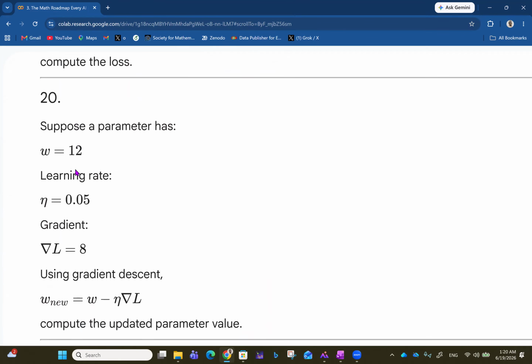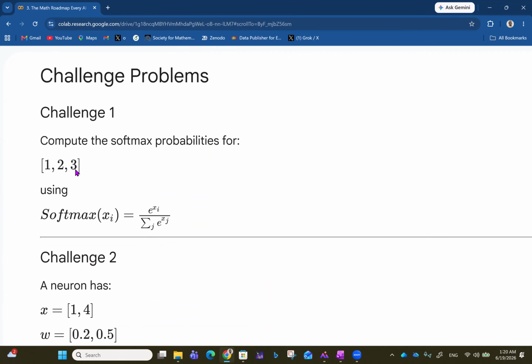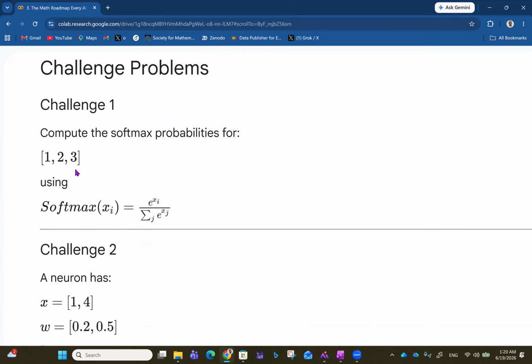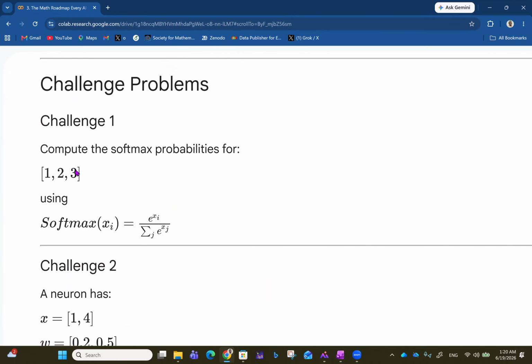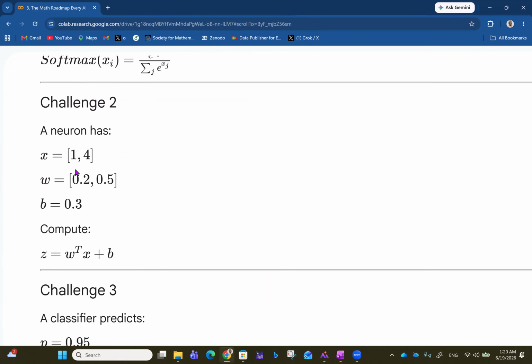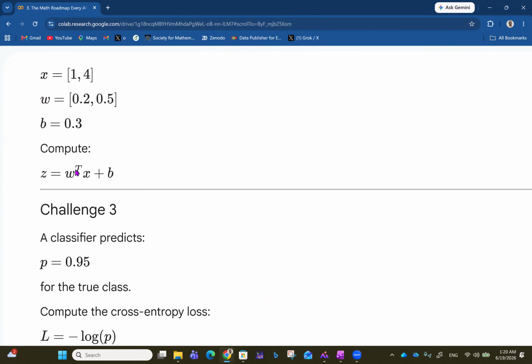Apart from 20, we have some bonus challenge problems. Challenge 1 is showing here, that's softmax probabilities. We have challenge 2 and then challenge 3.